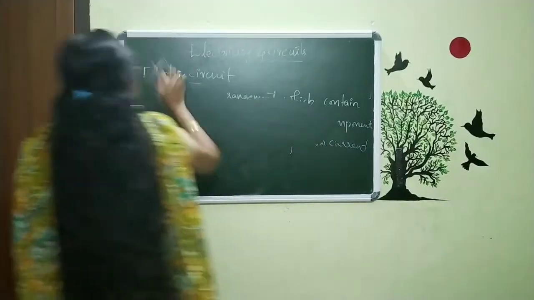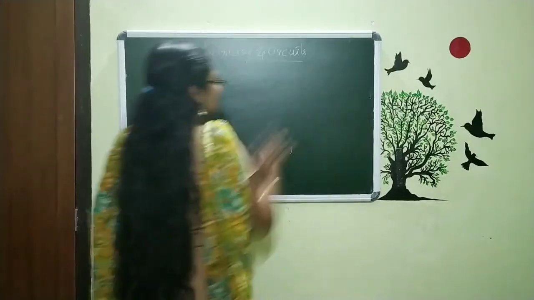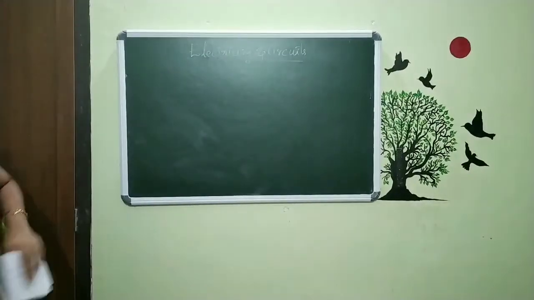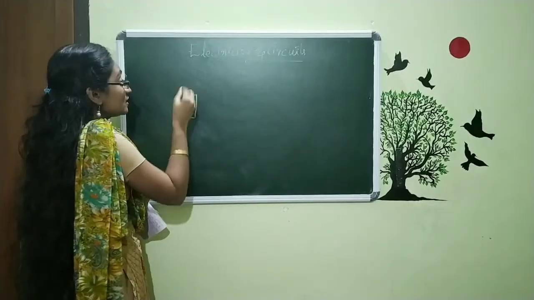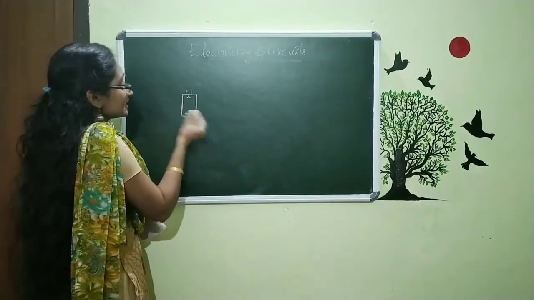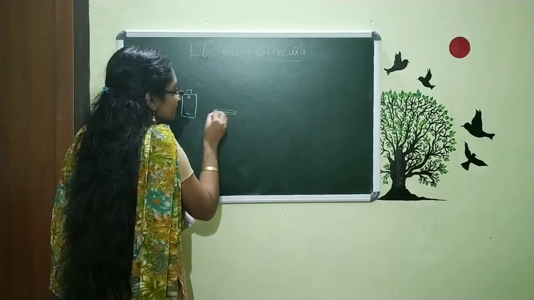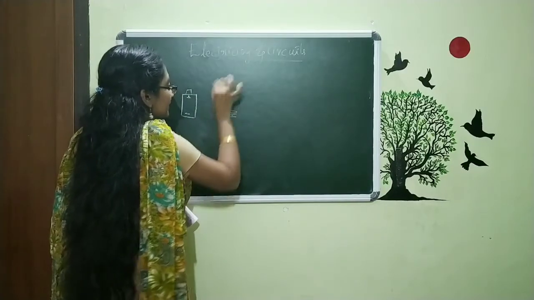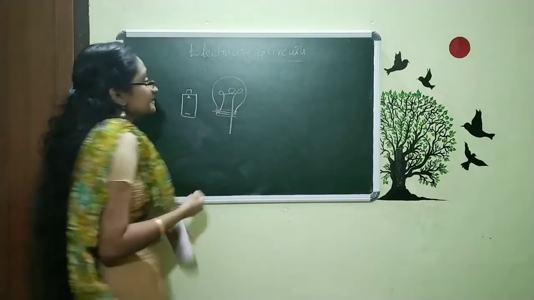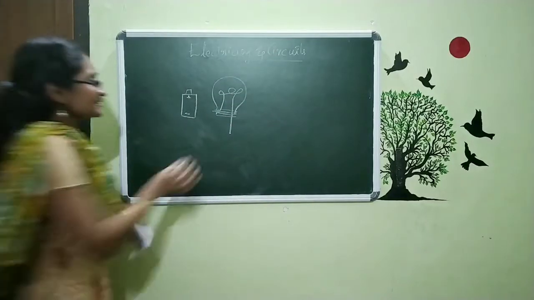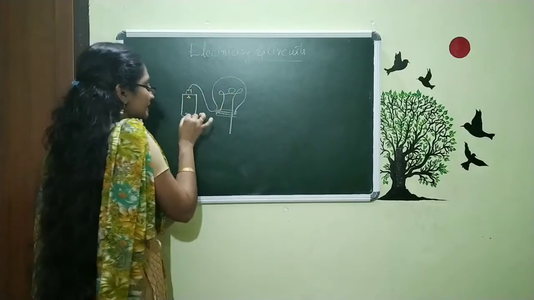Now the question is this. What is the direction of current? We already said that the battery or the cell has a positive charge here and a negative charge here. This is one bulb, filament, and I am connecting this with wires.